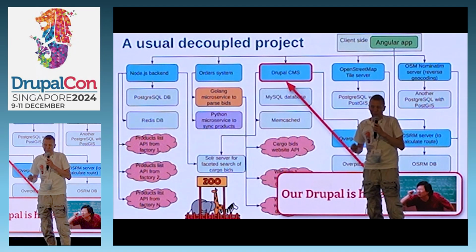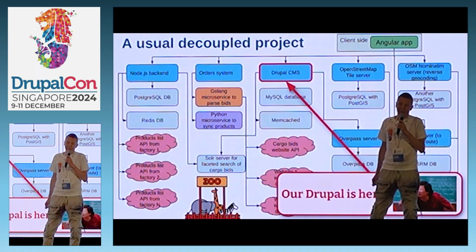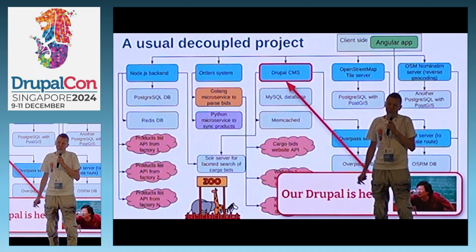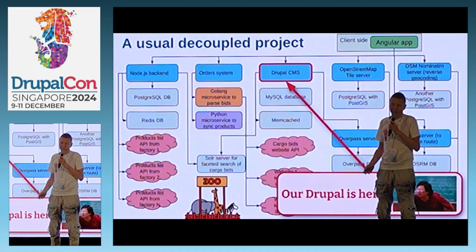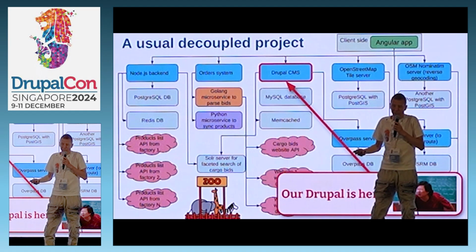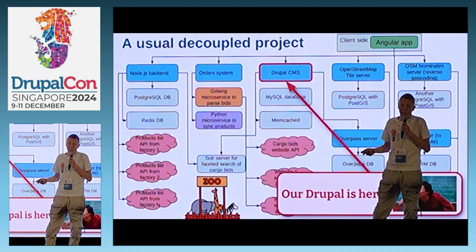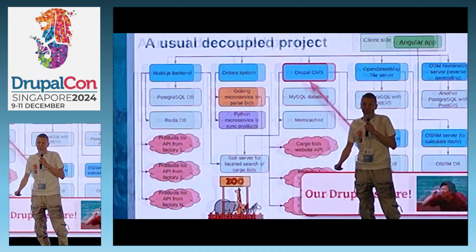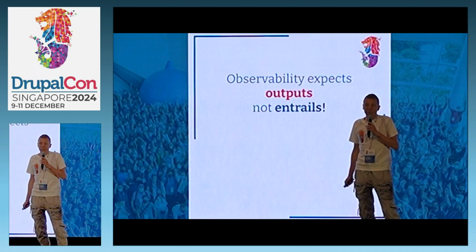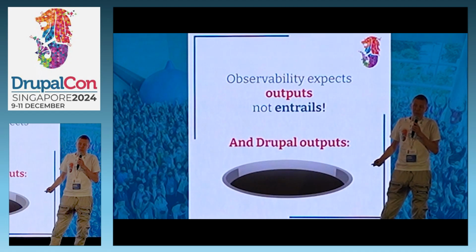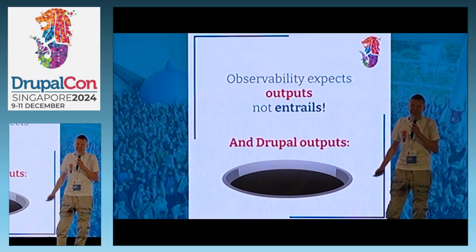And we have to synchronize and integrate Drupal into all the components that we have. So it's okay to have a zoo of technologies with Golang, Python, Postgres, and so on. And we should have some image that shows all that's happening under the hood. So observability expects outputs, not entrails. And Drupal outputs are a black hole. That's the problem.